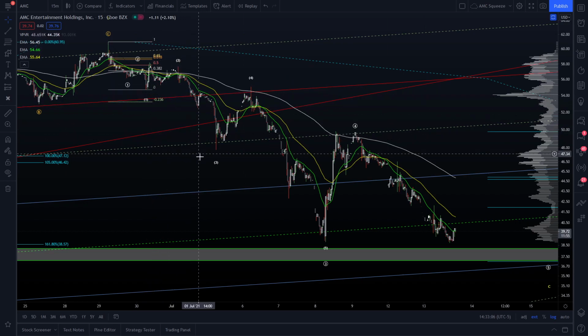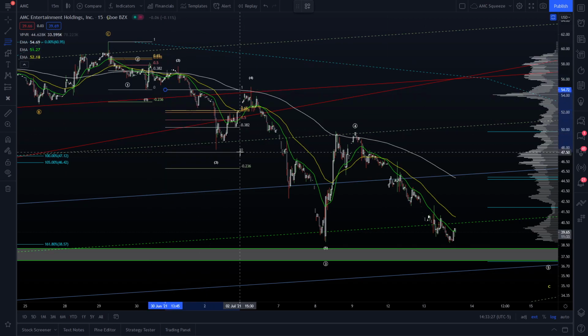Now this one did go far beyond the negative 236, which then goes into extensions, which are different. I don't know if I really want to get into all that. But basically, whenever you get an extended measured move, you would want to be pulling from the high rather than up here. You would start from the low there, and you would pull down, and you'd look for a reaction off of that.